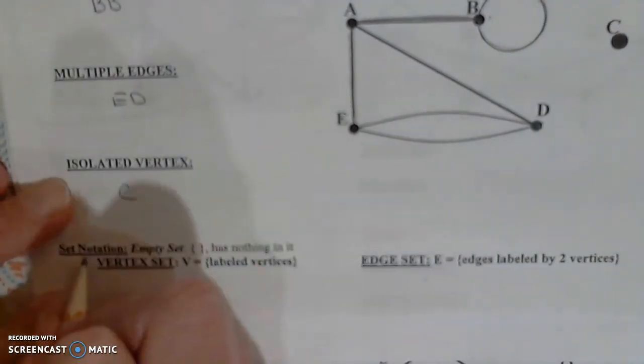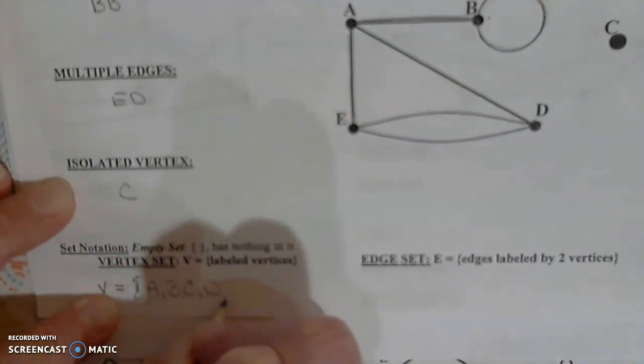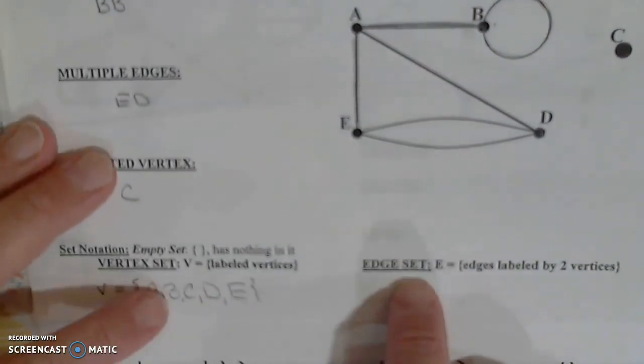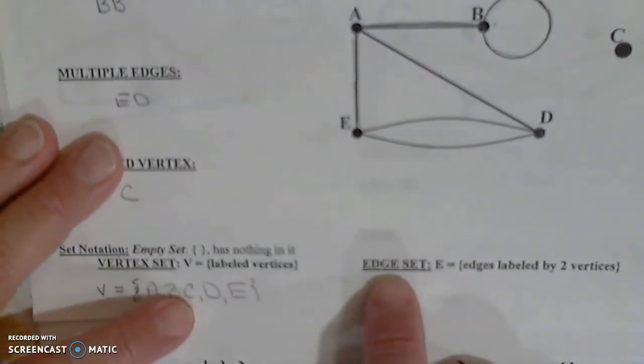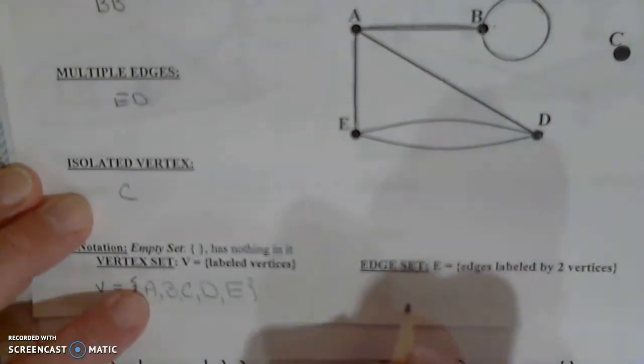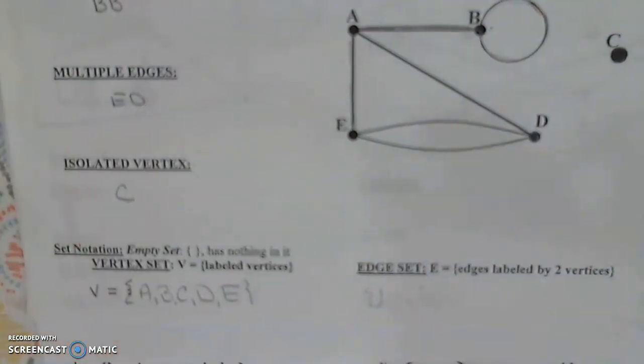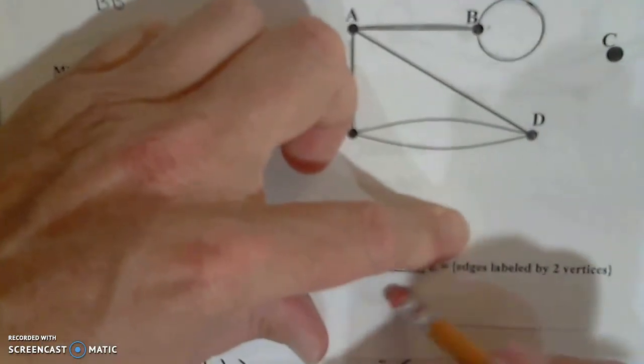So once again, in set notation, they would do something like vertexes are. We kind of already talked about it. It was A, B, C, D, E. Okay. But let me show you how empty set would work. If I said I wanted you to do the edge set of things that touch C, since nothing touches C, we would just do what we call the empty set. So kind of like the two little brackets. And I know those are awful squigglies.